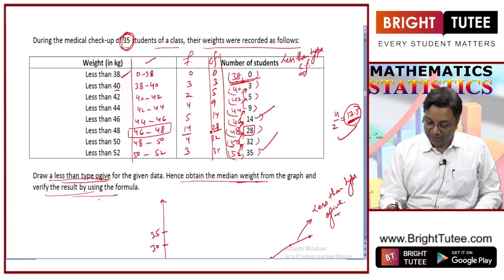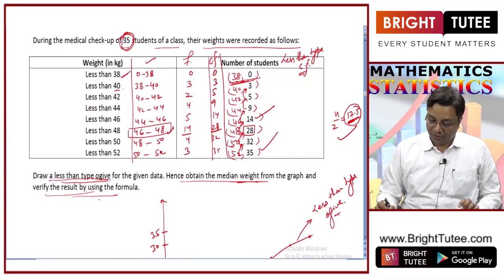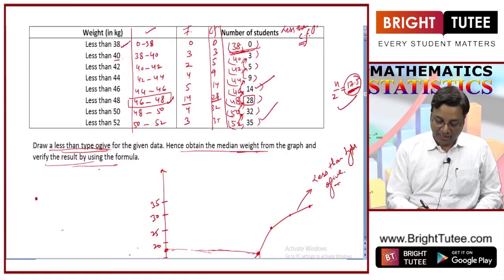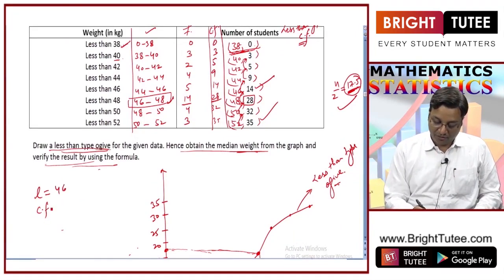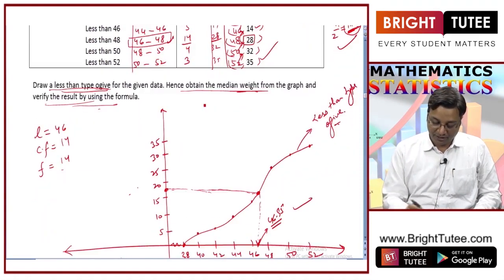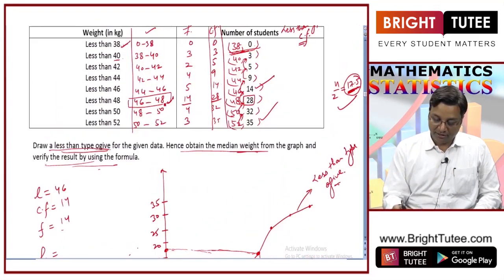And which one is the median class? Corresponding to this, the median class is this 46 to 48, right. So, L is 46, cumulative frequency of the class preceding the median class is 14, frequency of the median class is 14, right. Class length is 2.